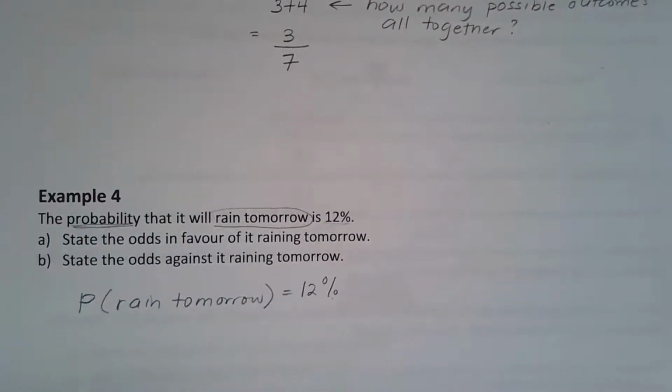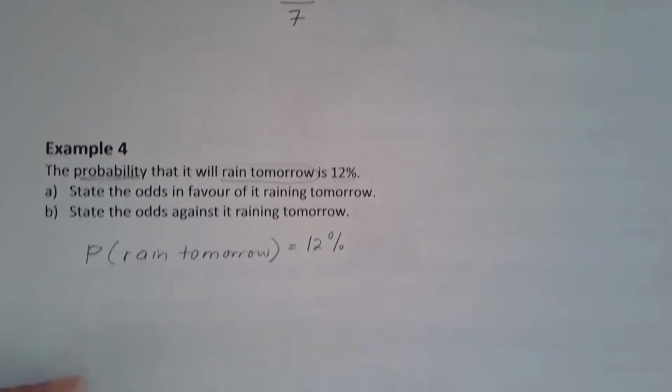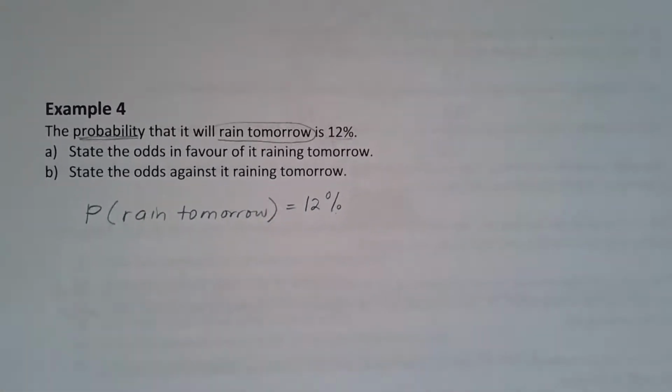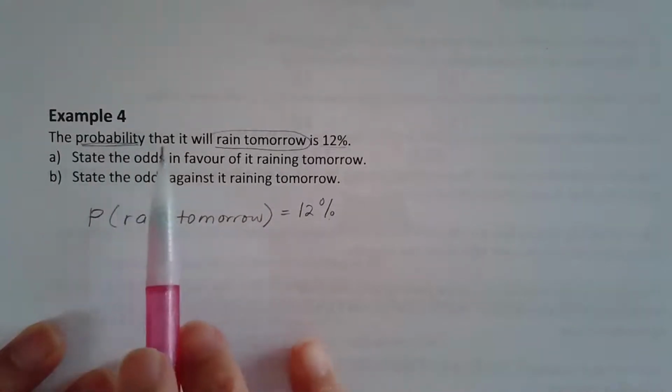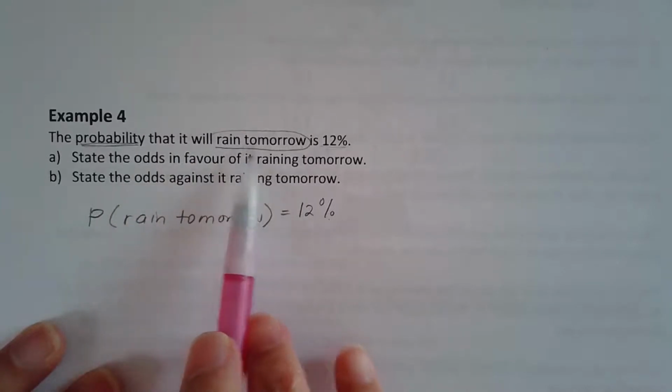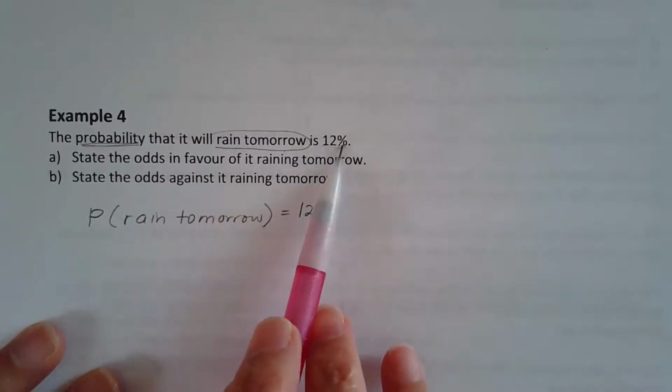So glad that you are paying attention to every single detail that I talk about here. Okay, so let's take a look at example number 4. The probability that it will rain tomorrow is 12%.